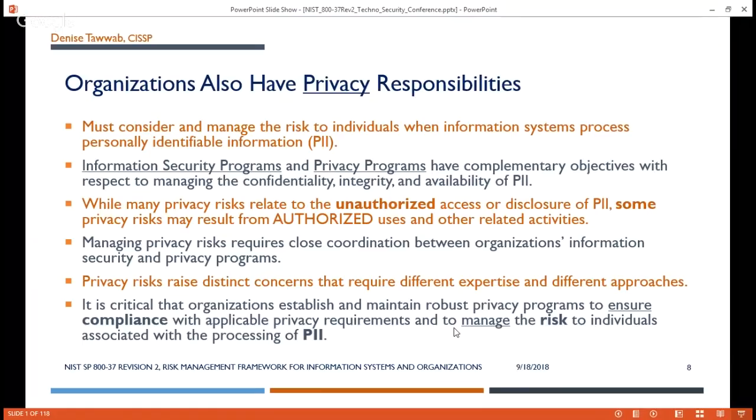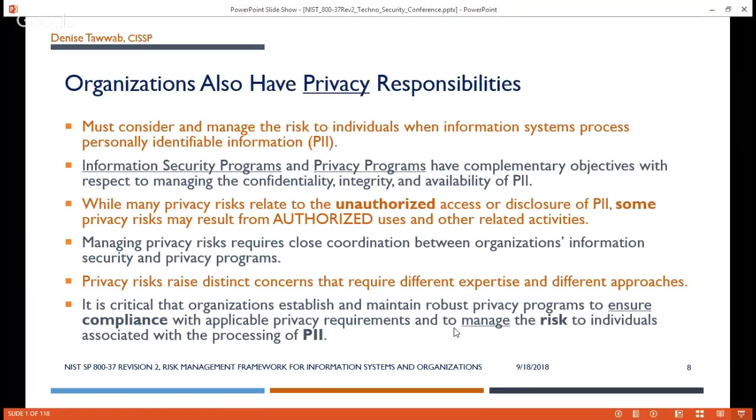While many privacy risks relate to unauthorized access or disclosure of PII, keep in mind that some of the privacy risks result from authorized use of PII and other related activities. I mean, things like you're in a doctor's office and the personal information is on a chart that's just left out on the front desk. There are all kinds of unauthorized handlings of PII that give rise to privacy risk.